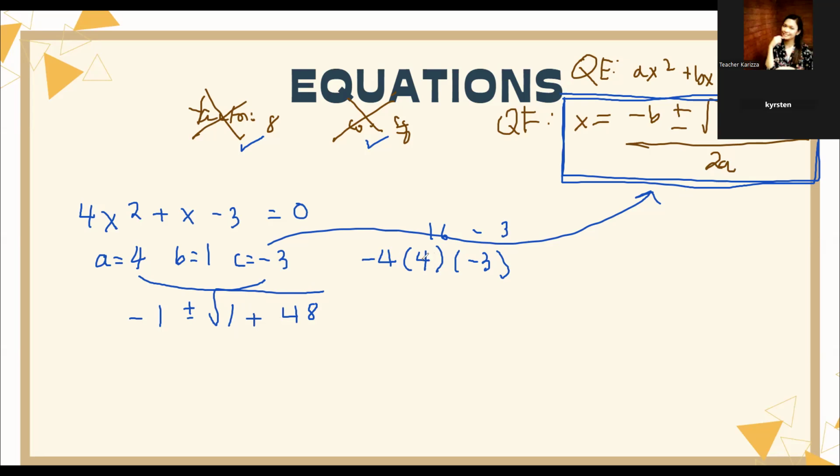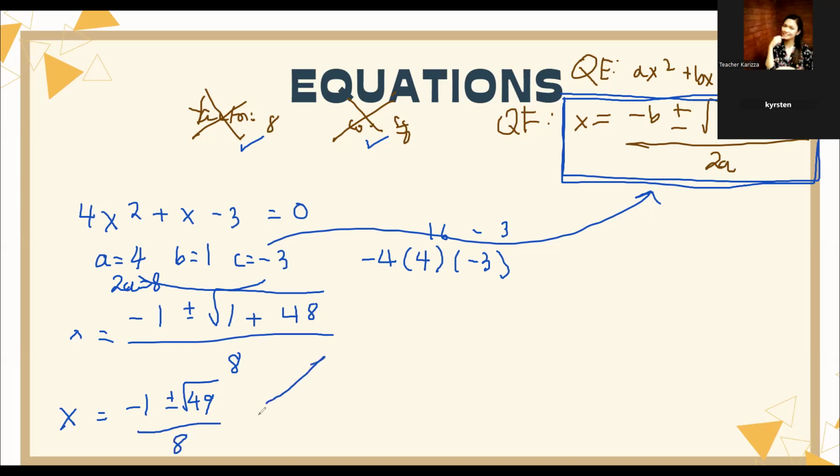Negative 4 times A times C. Over 2A. So 2A is 8. So simplify, we have x is negative 1 plus minus square root of 49 over 8.